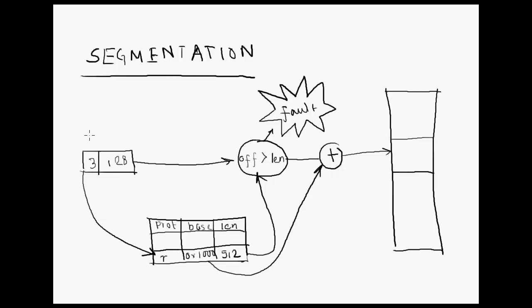If the offset is bigger than the length specified by that segment, then it will cause a fault. That will take care of the protection part of the requirement that we have. If the offset is well within the length, then we add the offset to the base address. In this case, for 3128, the base address is 1000. So the new memory address that we get is 1128, and that will give us an address in the physical memory.